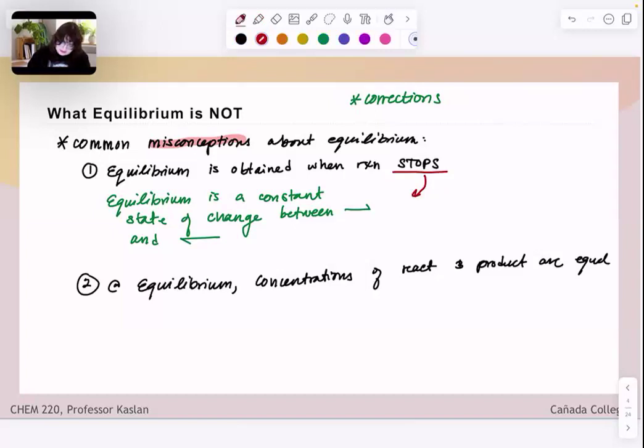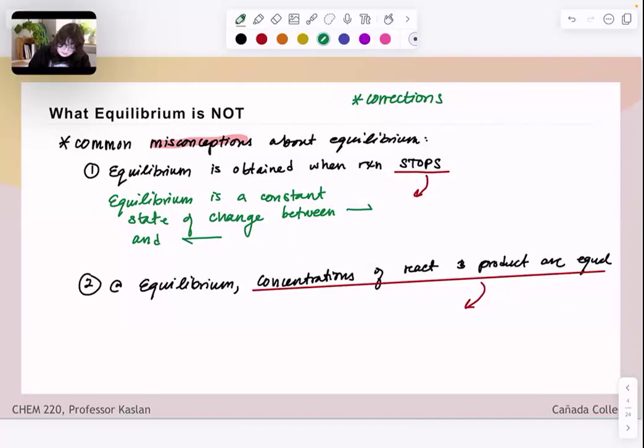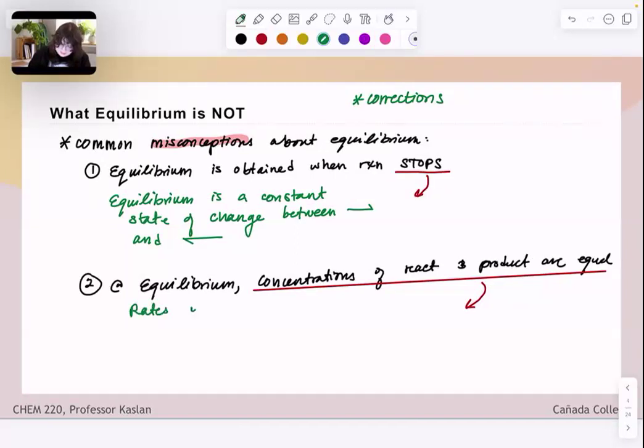Why is this not a correct way of thinking about what's happening at equilibrium? We know that at equilibrium, the rates of the forward and reverse aspects of our chemical system are constant and equal.